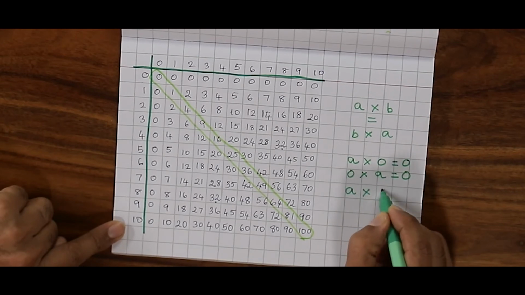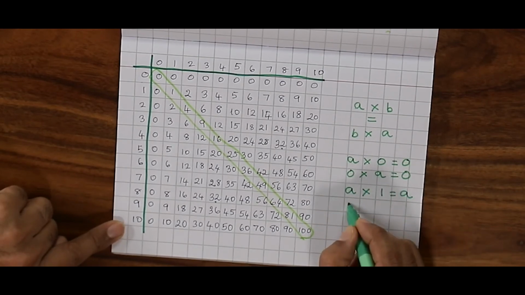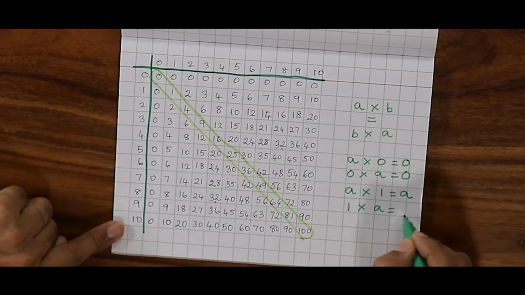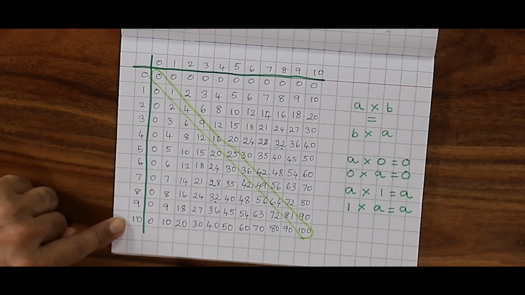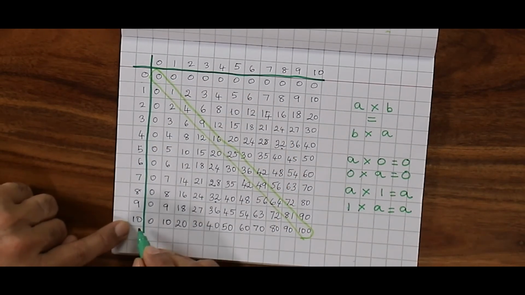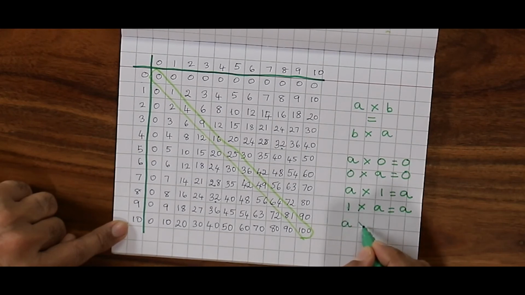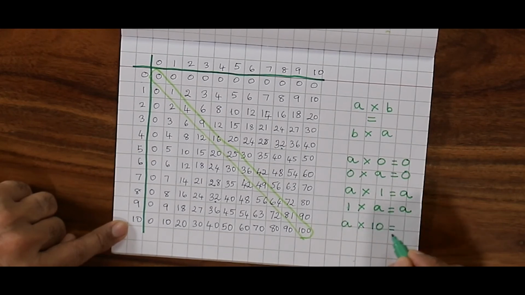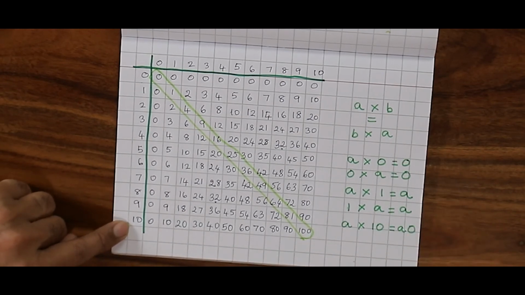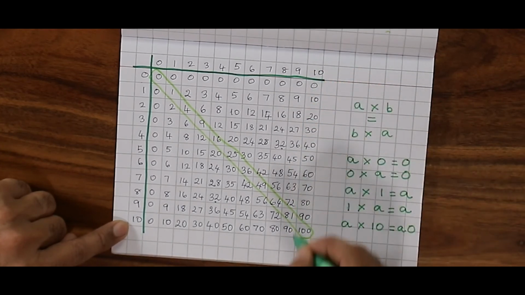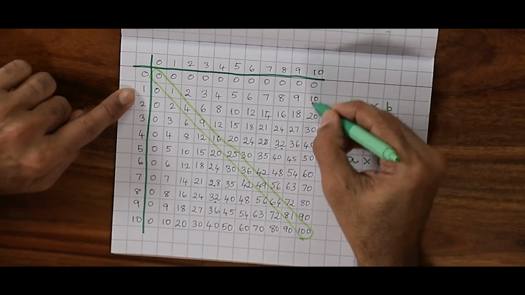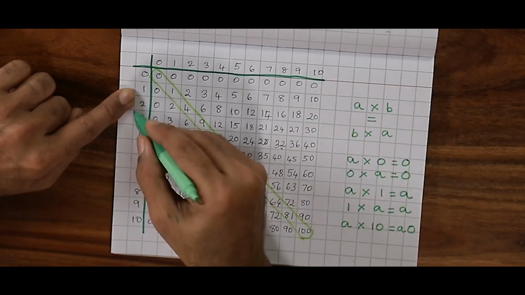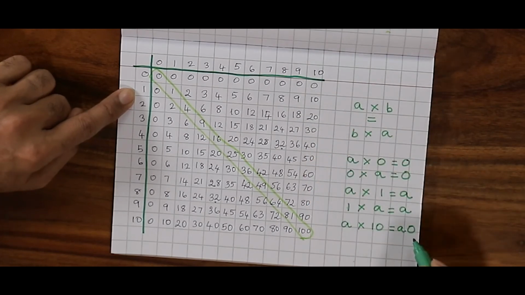So, A into 1 is equal to A. 1 into A also equals A. Similarly, any number multiplied by 10, the simpler way of remembering is that number followed by a 0. It is always the truth. Any number multiplied by 10, we get the same number followed by a 0.